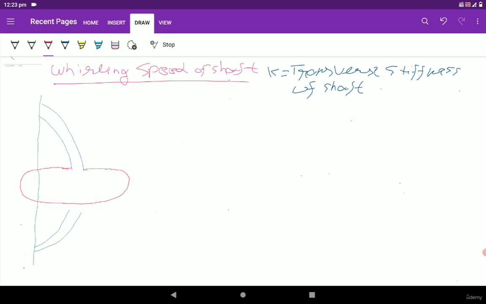This is the rotor. This green line is the axis of rotation, and in this case it is moving towards this point, y greater than 0, so we'll take it as positive.